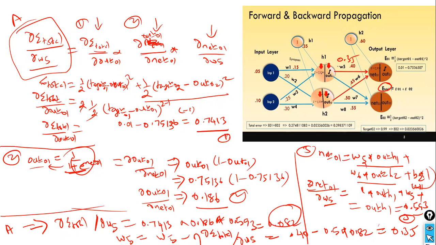So what will happen is when you do the partial derivative similarly for each and every weight, you will get to know the gradient. Once you get the gradient, you can update the weight. In the first iteration, you are going to update the weights like this, and then you need to keep iterating.